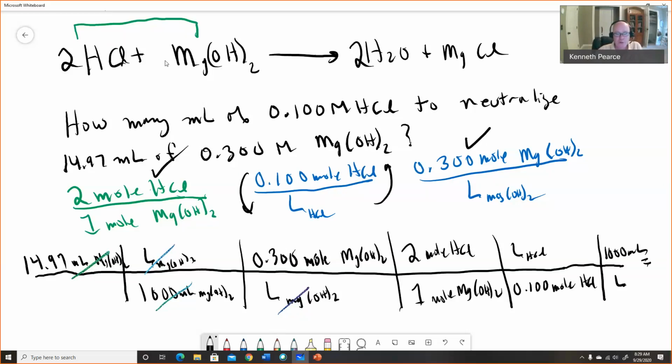And all that's left to do now is to put this into our calculator, and we will have our answer. So we have 14.97 times 0.3 times 2 times 1,000 divided by parentheses 1,000 times 0.1 close parentheses, and I get 89.8 milliliters.